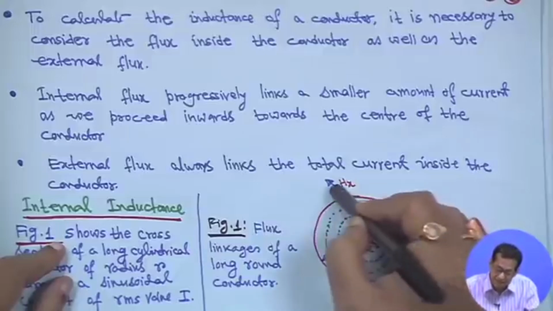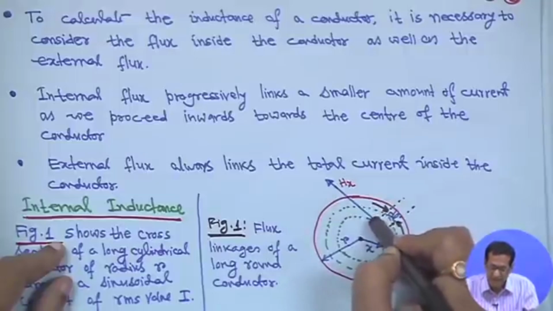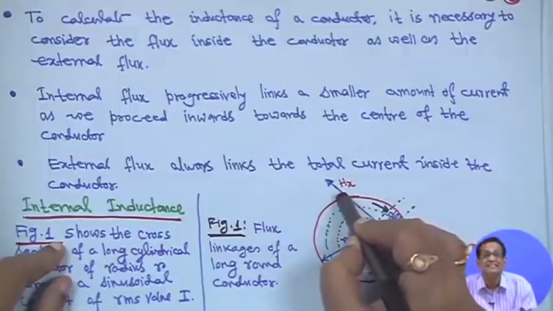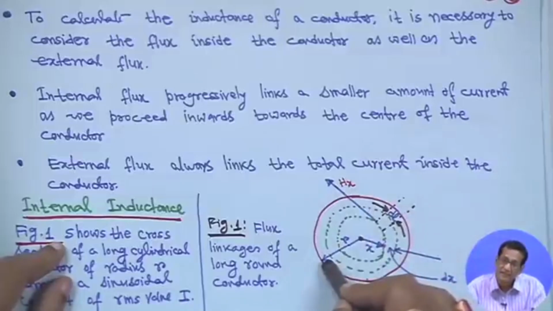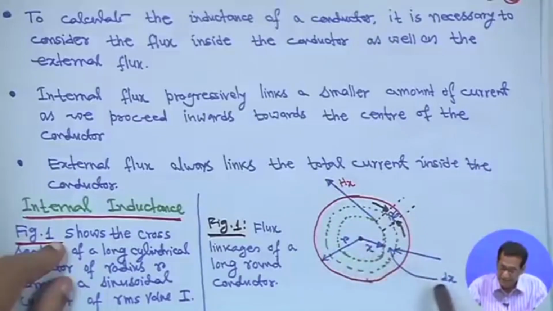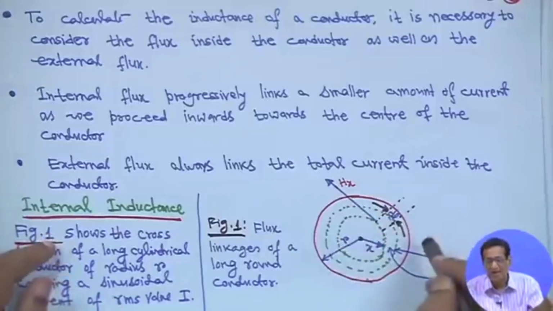Say you assume the magnetic field intensity is Hx. So, this is a cross-sectional view of the conductor, this is the radius r, and at a distance x we consider a very small width dx, and this is the arc length dl.